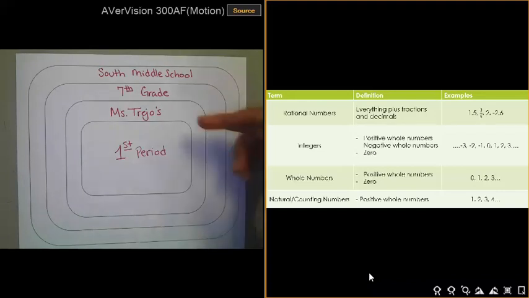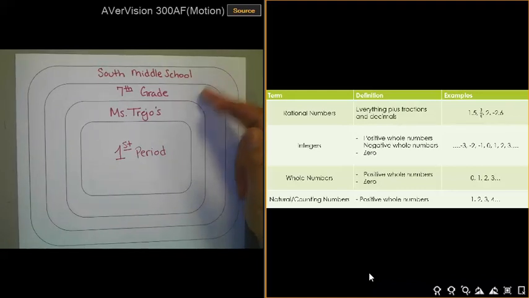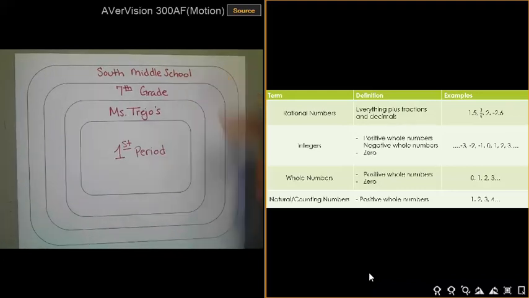This means that first period is part of my classes. My classes are a part of 7th grade, and 7th grade is a part of South Middle School. This is how you use a Venn diagram to show information. You can use a Venn diagram like this to maybe represent animal types, anything like that.